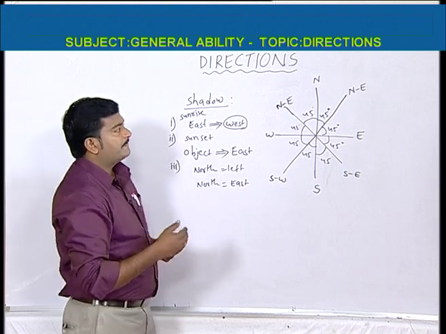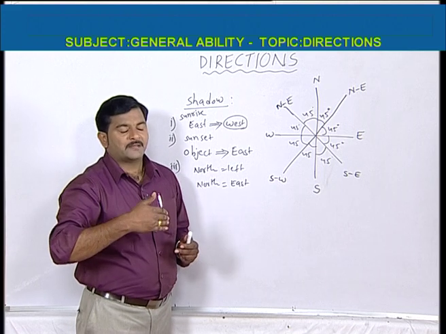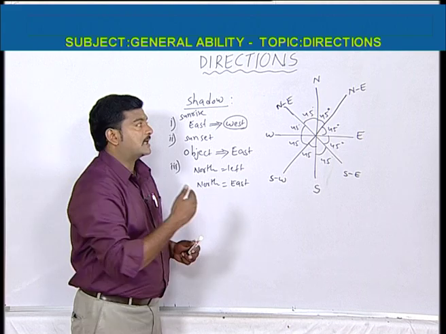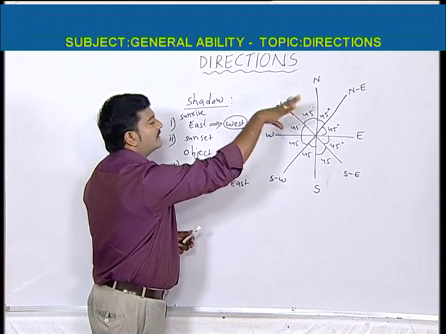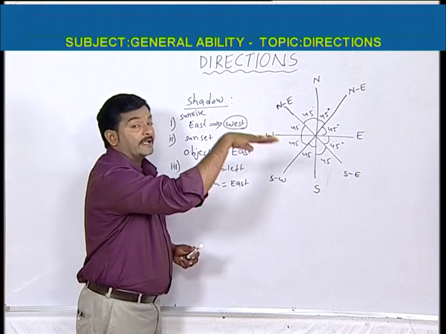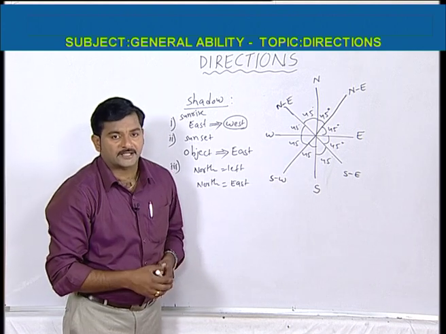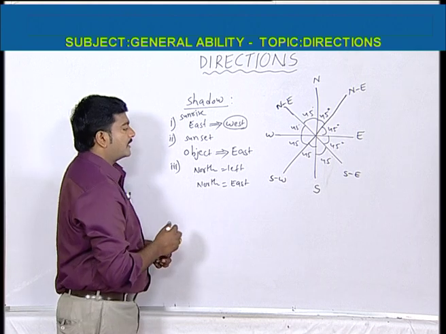And similarly in the evening, at the time of sunset, if the person is facing towards north direction, then his shadow will always be towards his right side. So right side means east direction. So this is about the third point regarding shadows.